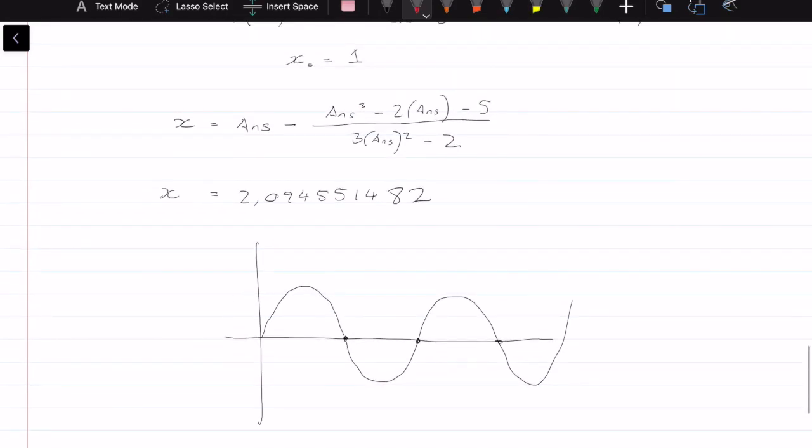Let's say we had a sine graph and our starting position x is equal to pi over 2. If we follow Newton's method, we end up converging to this solution right here, but this will be the only solution we get. We will not get the solution here, or the ones that continue.